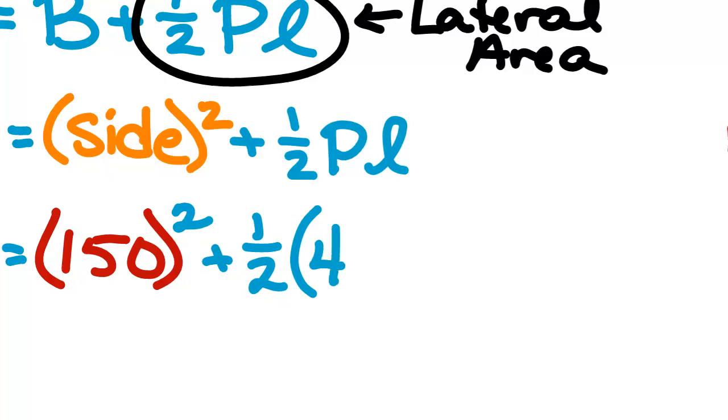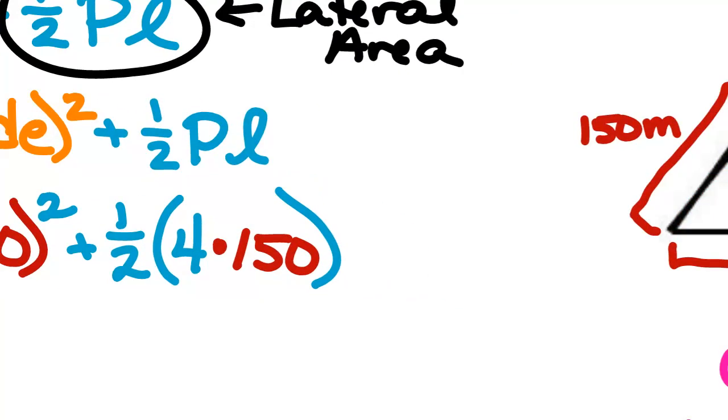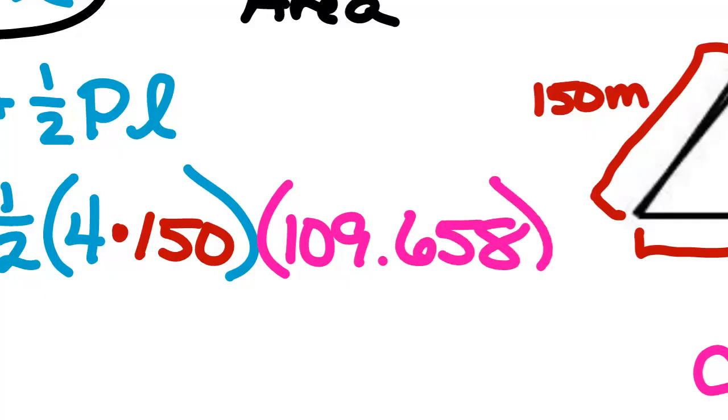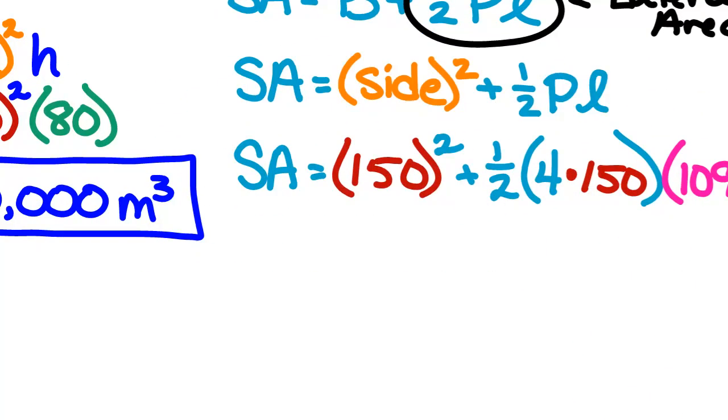So 4 times 150, which would give us 600. Yep. Times the slant height, which we just calculated to be 109.658. All right, let's do this a piece at a time. What is the 150 squared?